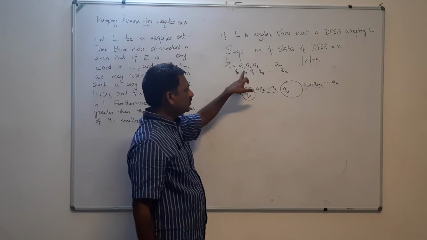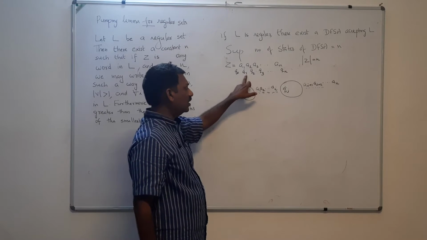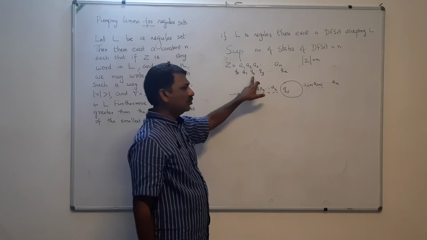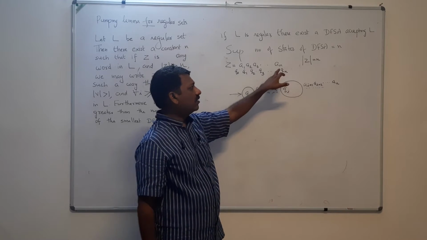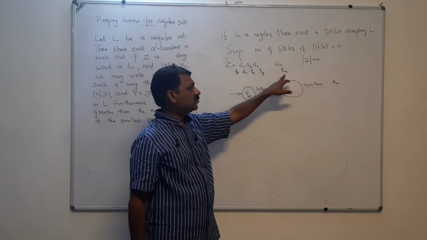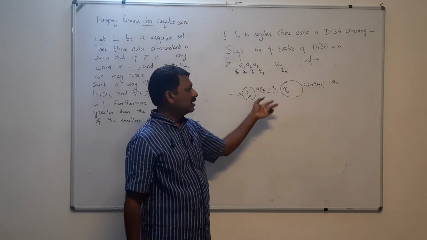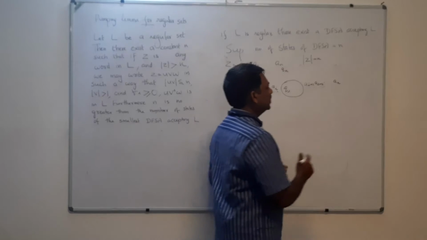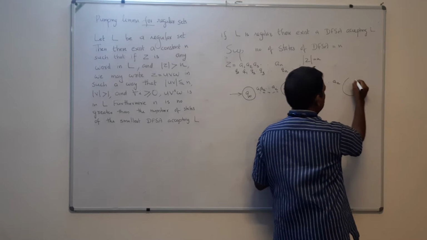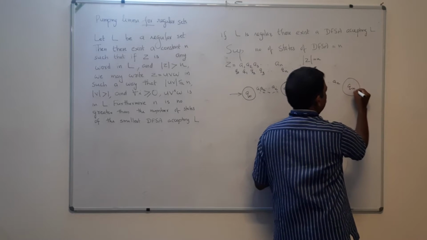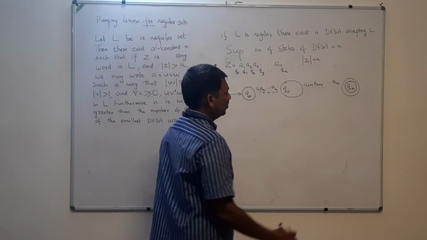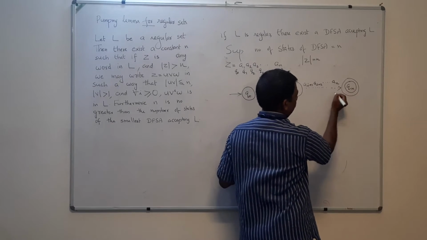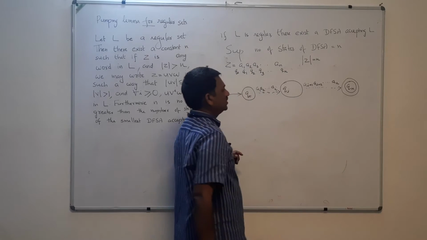After accepting A1 it moves to Q1, after accepting A2 it moves to Q2, after accepting A3 it moves to Q3, etc. After accepting An it moves to Qn. That means now you have reached the final state. Suppose that Qn is the final state.